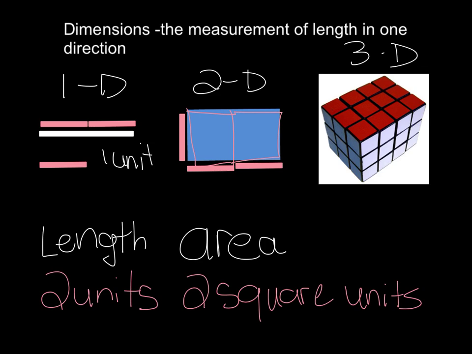Next, let's measure the 3D object. So we have a prism here, and we want to find the entire space that this prism occupies. So when we measure this object in 3 directions, so we would measure this way, and finally this way, we're going to be measuring then the volume.